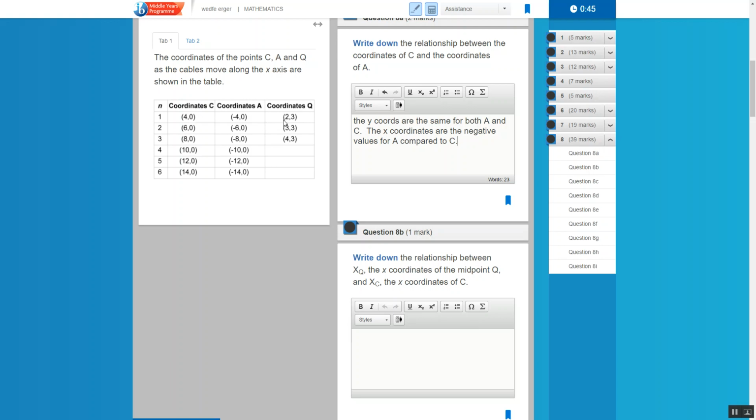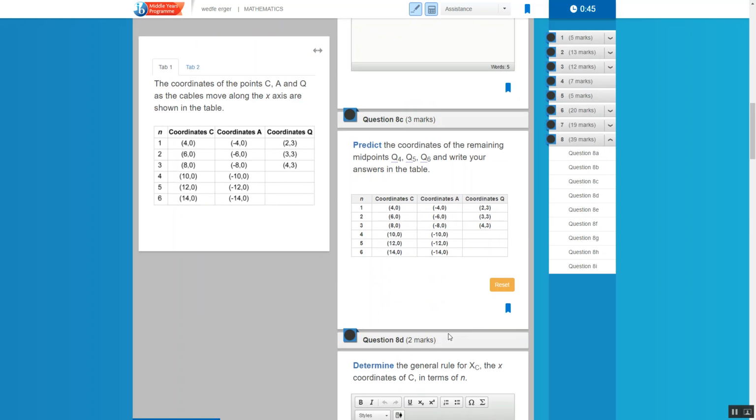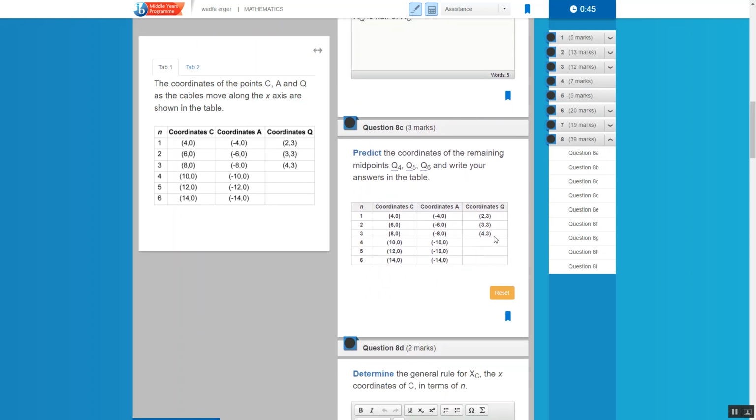Write down the relationship between xq and xc. So these are half. xq is half of xc. Okay, I need to predict what this is going to be. 2, 3, 4, 5.